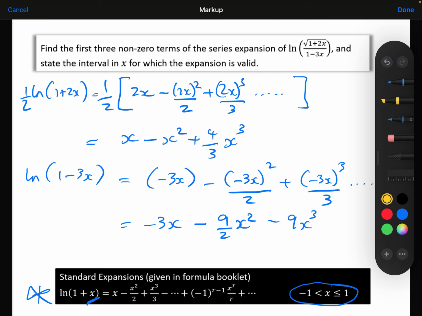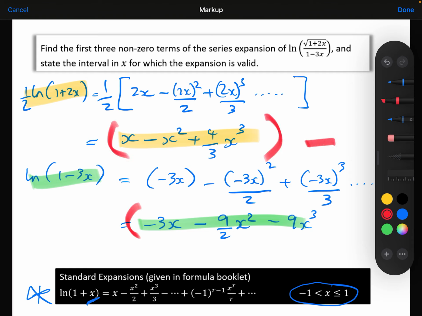So we have expanded this and got this. We have expanded this and got this. And remember that we want to take those two things away from each other. So I want to do all of this minus all of that. So x minus 3x is 4x, minus x squared minus 9 over 2x squared is plus 7 over 2x squared.